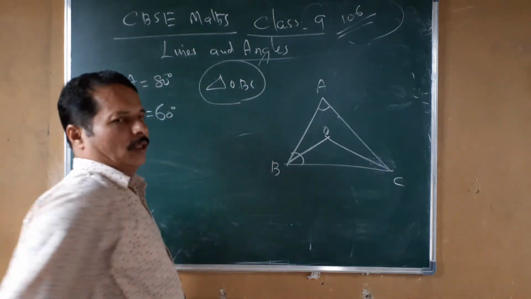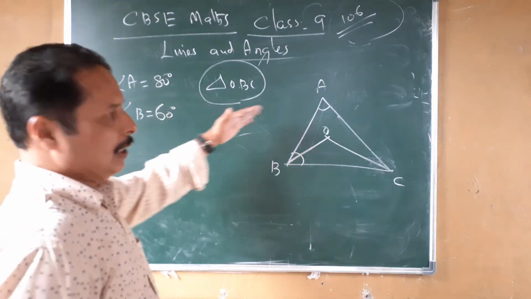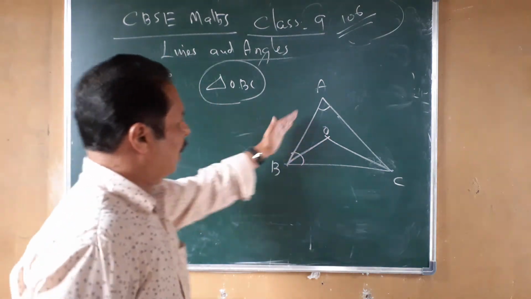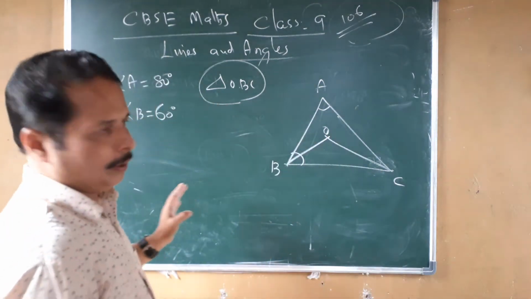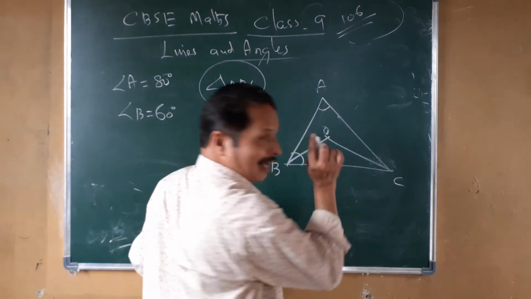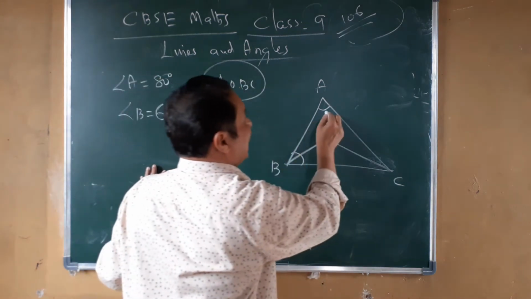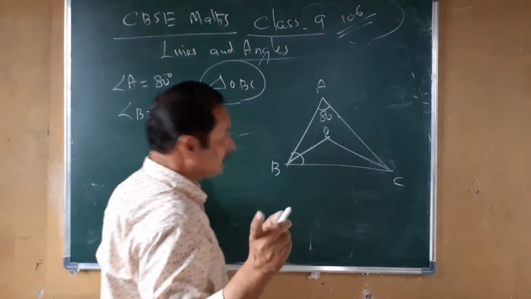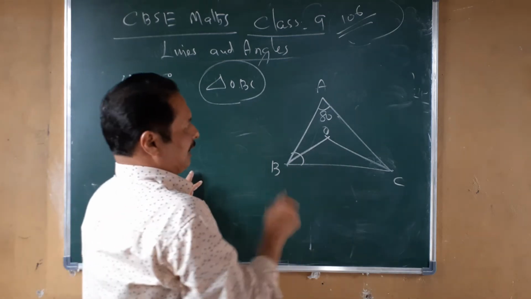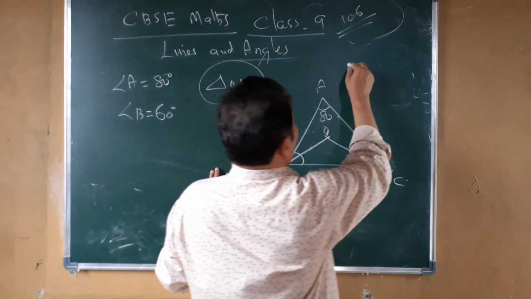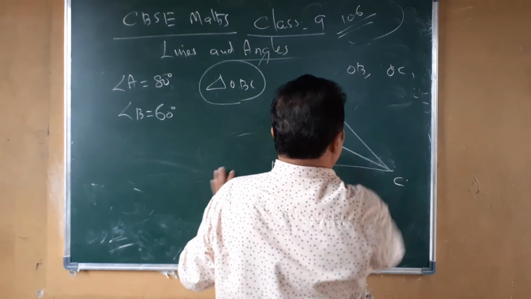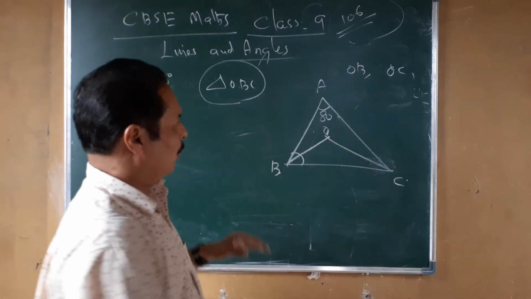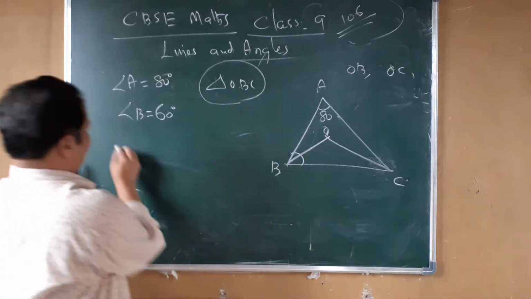Better you write the question. We want to find all angles of triangle OBC. Look here very carefully. This angle is 80 and this angle is 60. It is given that OB and OC are bisectors of the angles. So find the third angle.